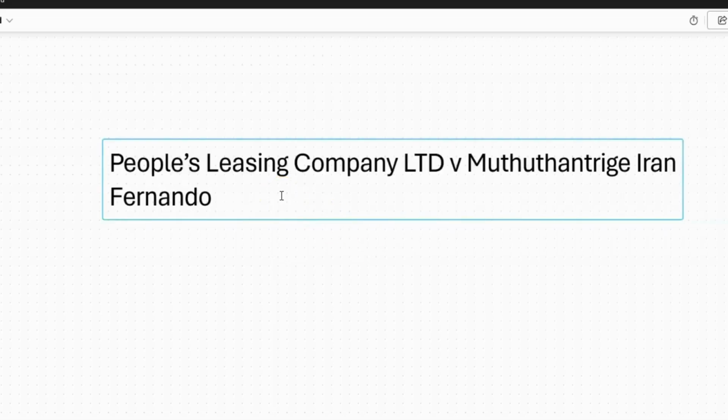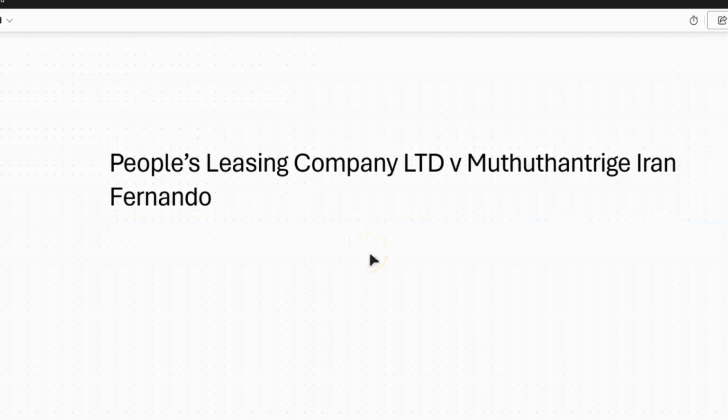This case is People's Leasing Company Ltd versus Muthu Tantrige Iran Fernando. This is related to Electronic Evidence Act. Let's understand it in a very simple way.